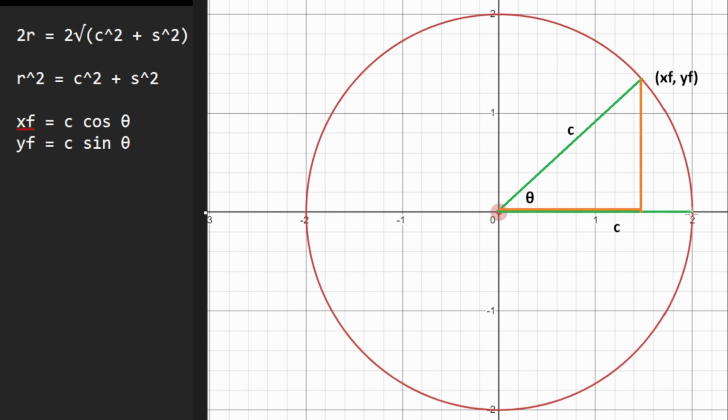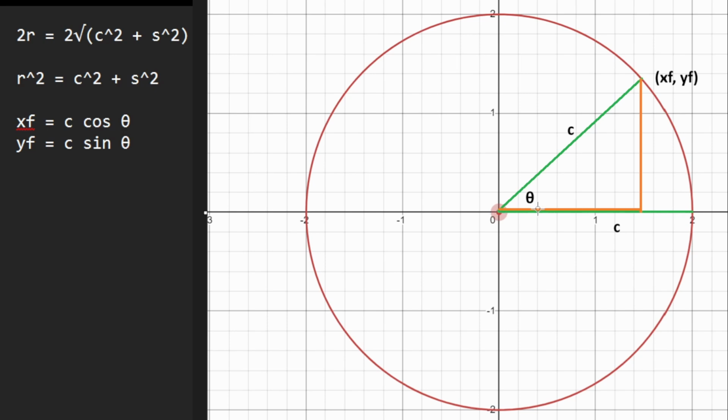And the question that we want an answer to is, what are the coordinates of this point after I do the rotation? So maybe you already know this, but the cosine and sine functions are actually defined to give us these coordinates here.